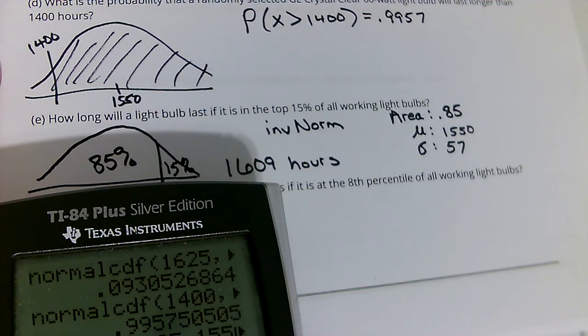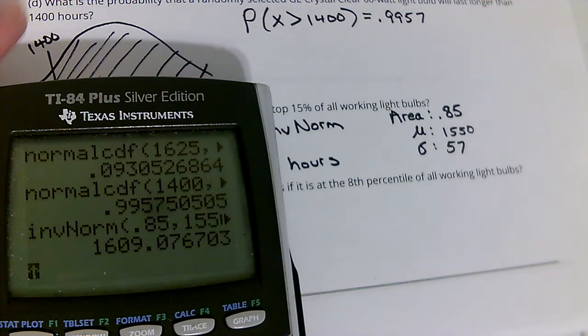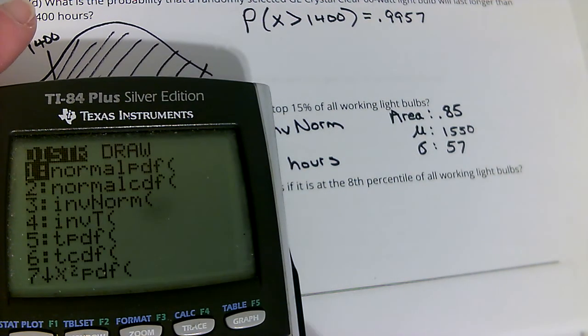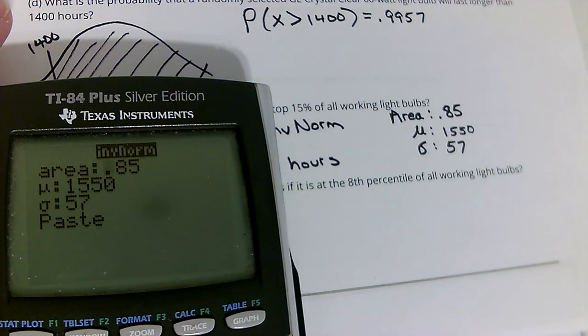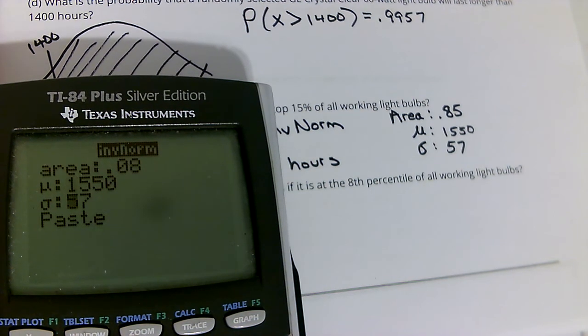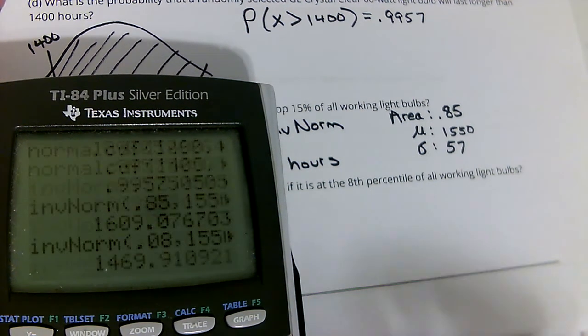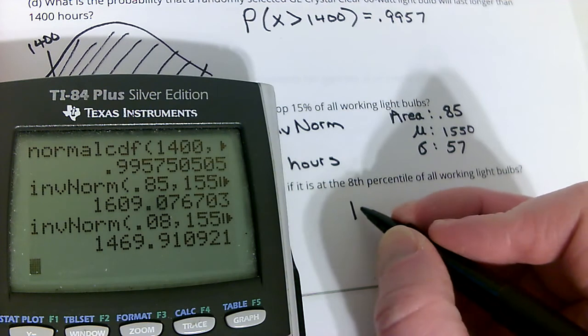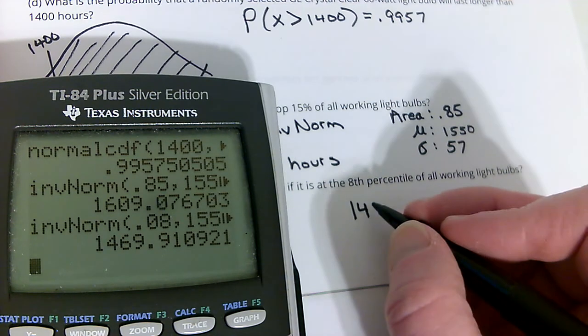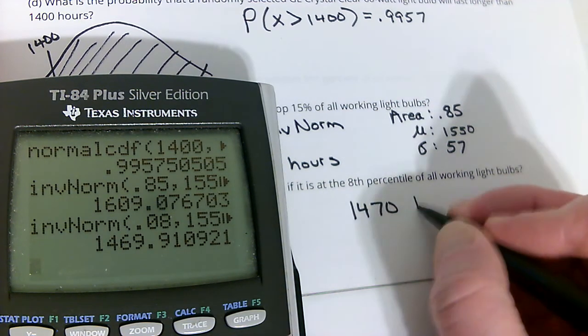So we would change the area to be 0.08. 8th percentile is very low, and that would round up to about 1470 hours.